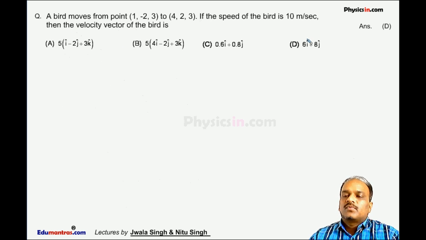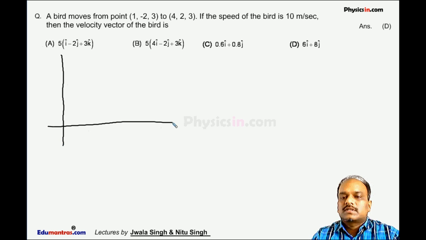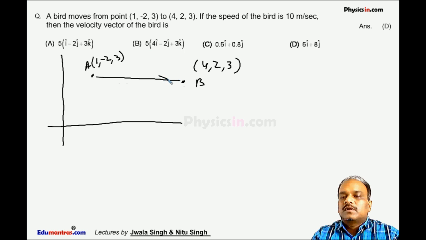A bird moves from point A, suppose this is our x-axis, y-axis and z-axis. This is point A, which is (1, minus 2, 3), to point B, which is (4, 2, 3). This is the direction of movement of the bird.